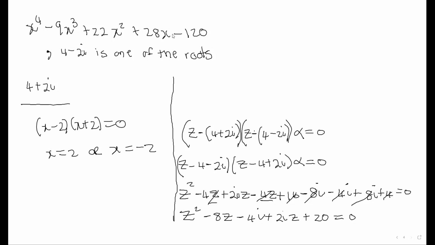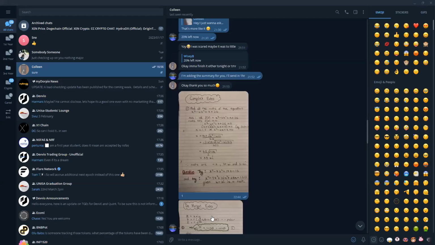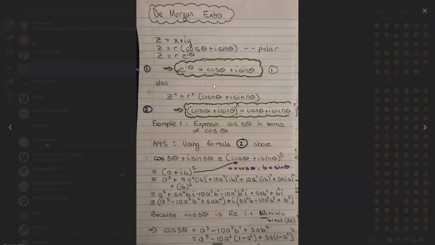Might. How do I go back to this? New share. Let's go back to here. This one's probably going to come. Definitely is. I have seen it in a lot of question papers.